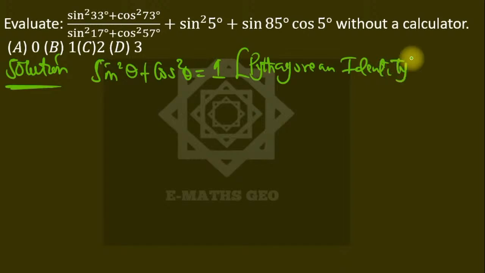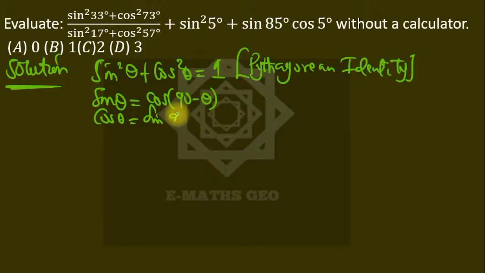If you look at it, it looks like the Pythagorean theorem. Another one is what we call the cofunction or complementary identity. So that if you have sine theta, it's the same thing as cos 90 minus theta. Or if you have cos theta, it's sine 90 minus theta.